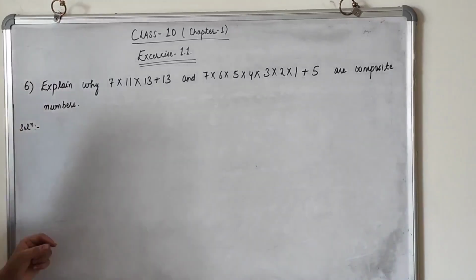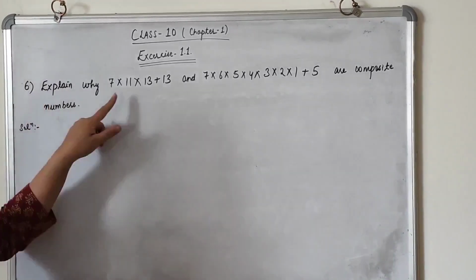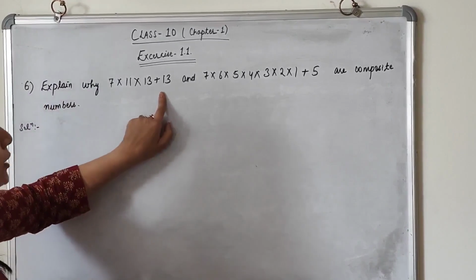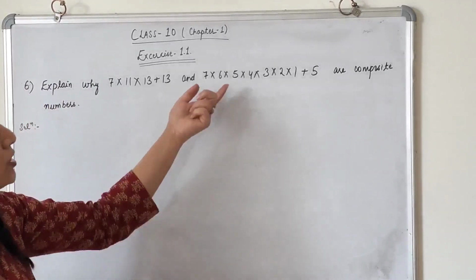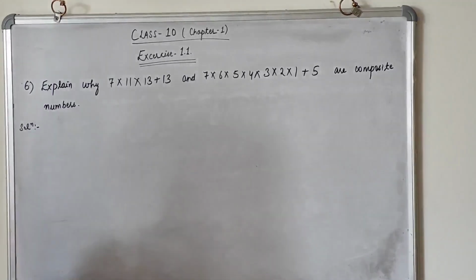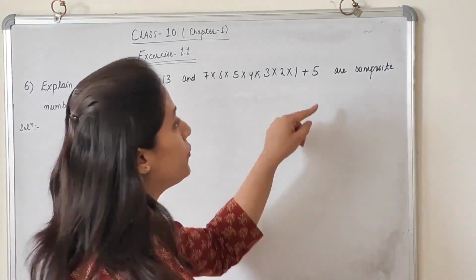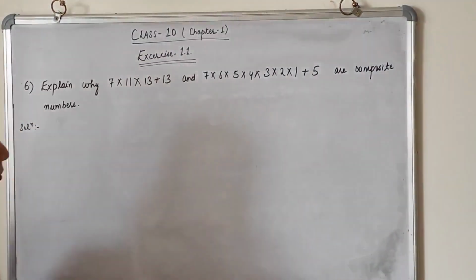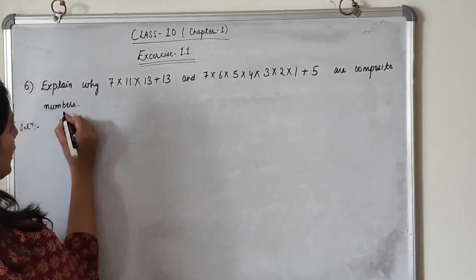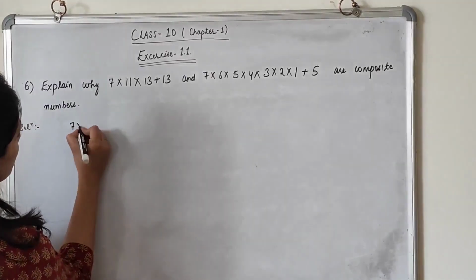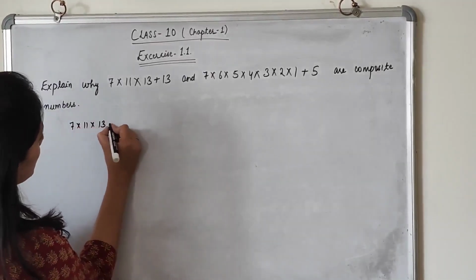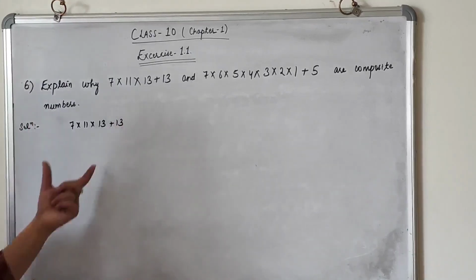So our next question is, explain why 7 × 11 × 13 + 13 and 7 × 6 × 5 × 4 × 3 × 2 × 1 + 5 are composite numbers. So how to solve this question? First part, 7 × 11 × 13 + 13.